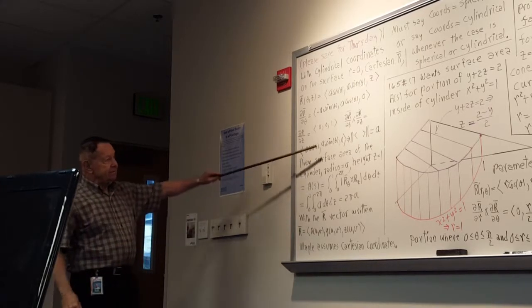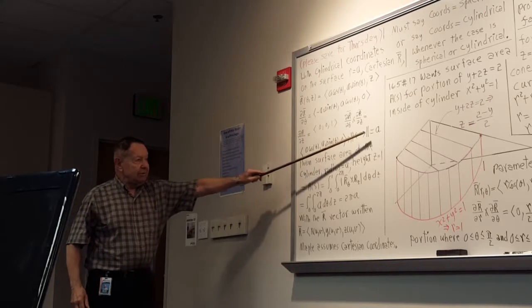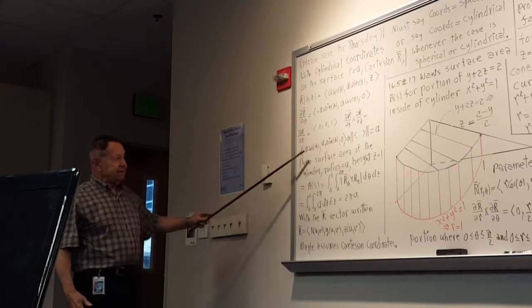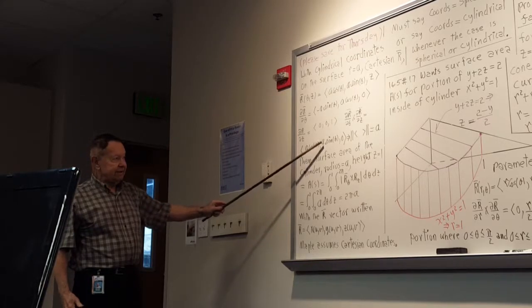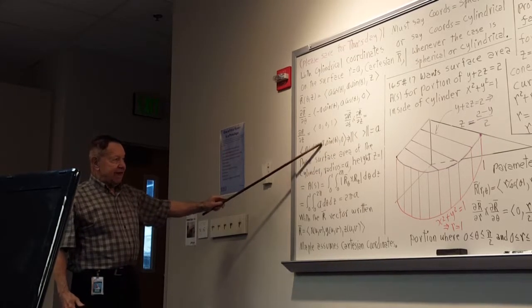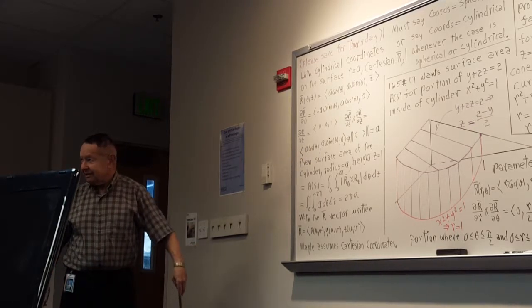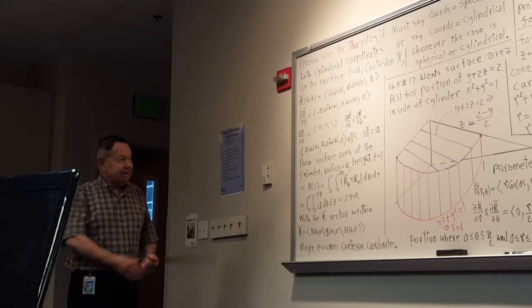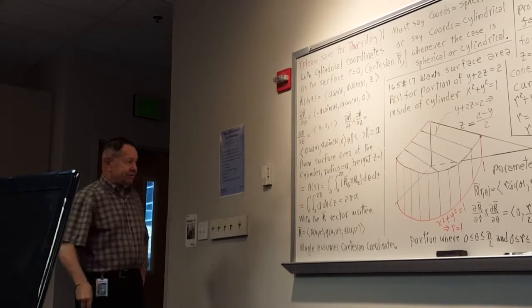And then the magnitude of this will be just the a, because you'll have a squared cosine squared plus a squared sine squared plus 0, and then you factor the a squared and say cosine squared plus sine squared is 1, and the square root of a squared then is your magnitude.